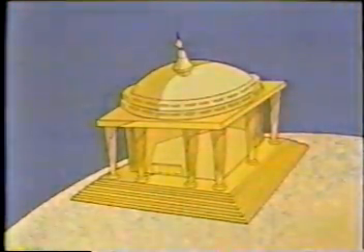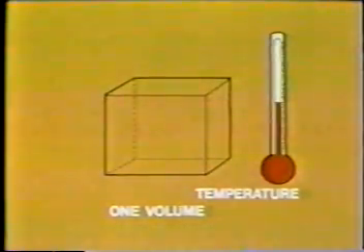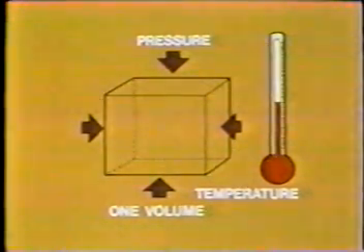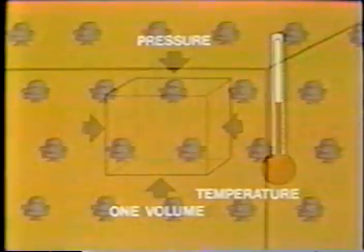Now imagine that a volume of gas behaves like our concert hall. In a particular volume, at a particular temperature, under a particular pressure, there will always be a fixed number of seats or positions available for the gas particles, no matter how small they are or how large.